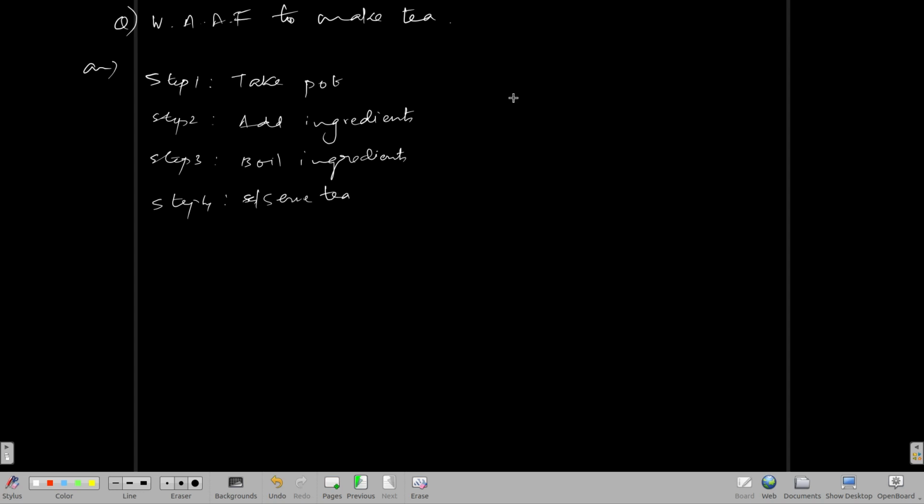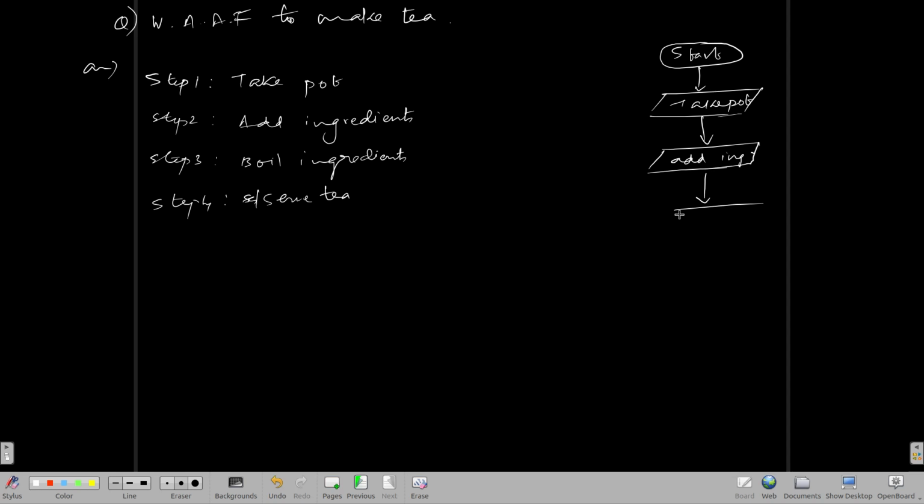Pretty simple, right? So if you're drawing the flowchart for this, we have start. From start what do we have? We have to take pot. So I am taking pot as an input, then I am adding the ingredients, right? That is also I am taking as an input, add ingredients. Then what?